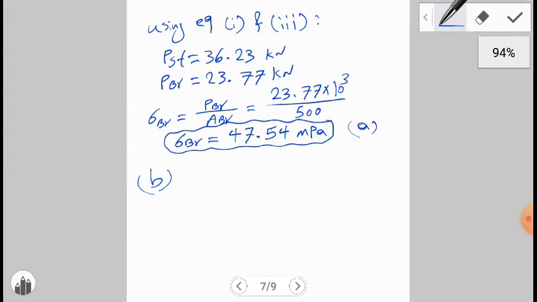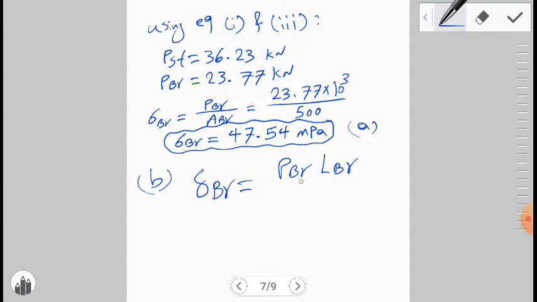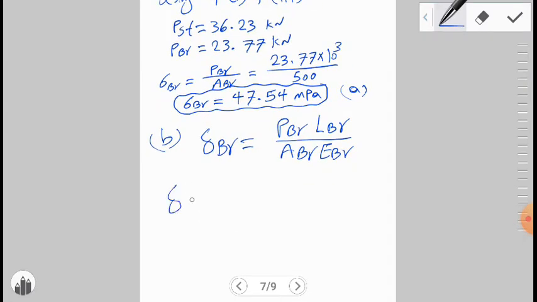For part B, we can write delta brass is equal to P brass, L brass, A brass, and E brass. Delta brass is equal to P brass. We found that P brass is 23.77 kilonewton to newton, times L brass.